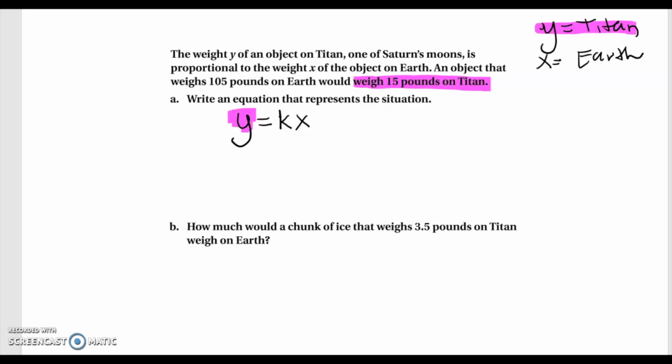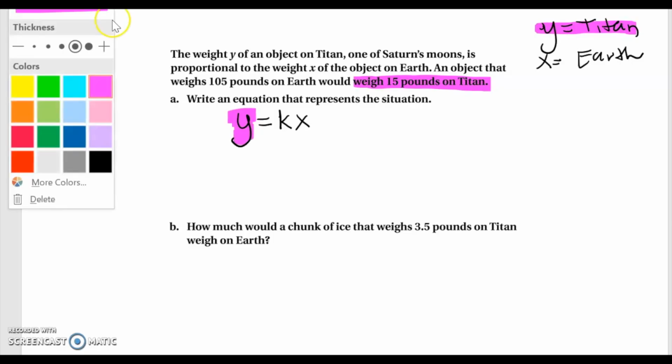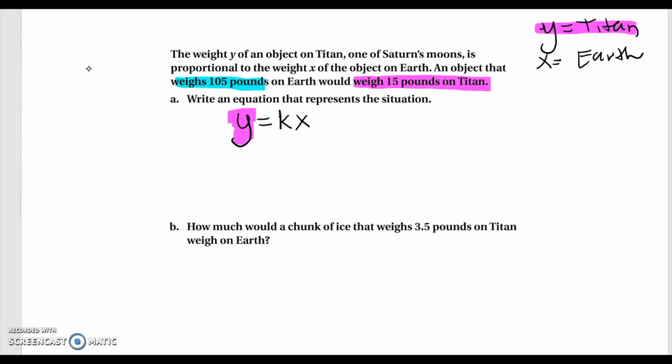So Titan would go in place of y. Then it tells us that the object weighs 105 pounds on Earth. So 105 would go in place of x. So we have 15 equals k times 105.